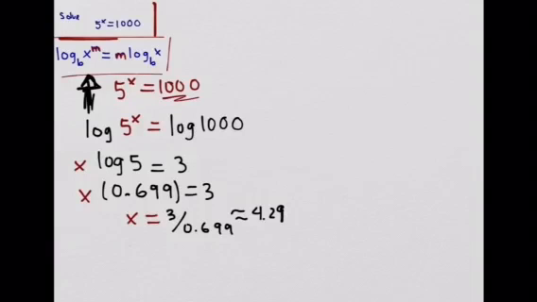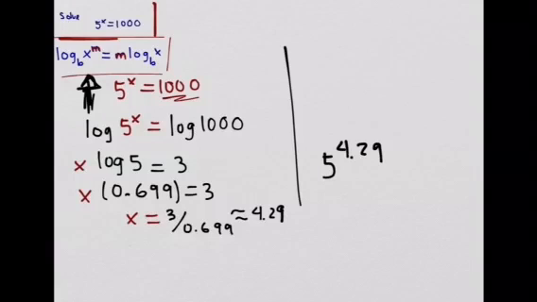You're not going to see my work in the calculator, but I'm going to do 5 to the power of 4.29, and I get 996.73. It's not 1,000, and that's because I rounded. I rounded when I put 0.699, since it was 0.69 something. So it's not going to be exactly 1,000, but this is my approximation, and this works. I'll do more videos explaining how to use this.